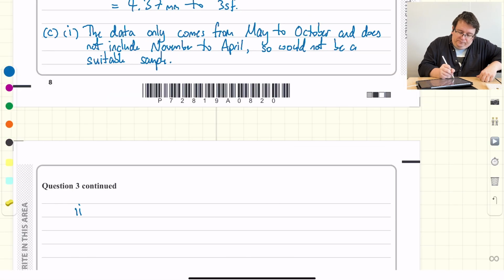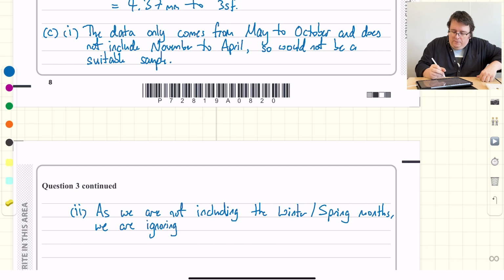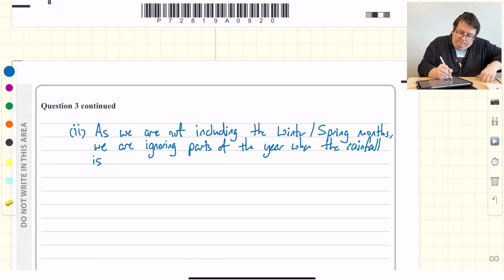So, part 2, as we are not including the winter spring months, we are ignoring parts of the year when the rainfall is likely at its highest.